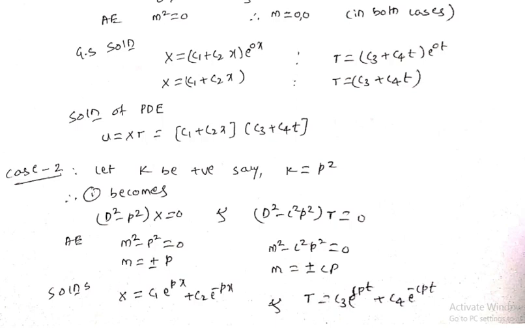Therefore its general solution with respect to x is X equal to c1 e to the power px plus c2 e to the power minus px. For the second term, the auxiliary equation of D squared minus c squared p squared is m squared minus c squared p squared equal to 0, or m squared equal to c squared p squared, or m equal to plus or minus pc.